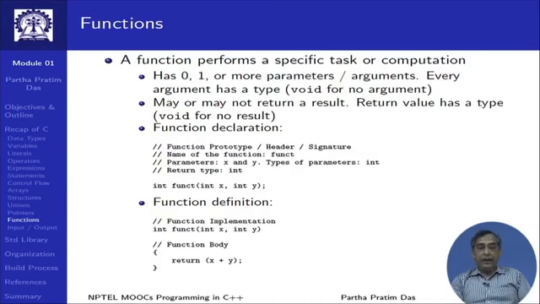Now, when we are ready to specify what this function will compute, or how this function will compute the result from the parameters, then we provide the function body. The whole function body is a compound statement, so it is a pair of curly braces within which the function body has to be written.